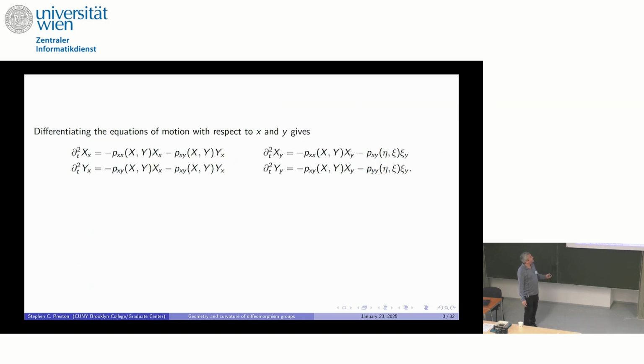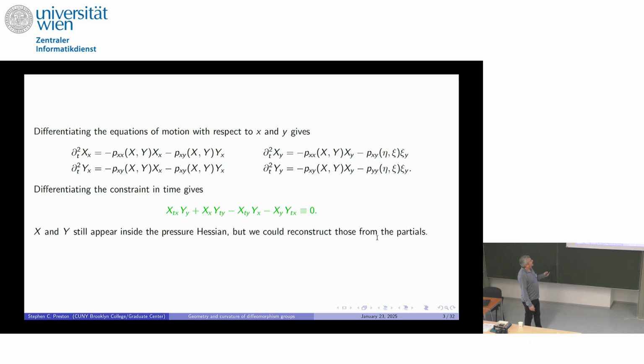So if we differentiate these equations with respect to x and y, we get a 2x2 system, just using the chain rule on these. And I would like to view this as a nice system for continuous functions, capital X_x, capital X_y, etc. If I differentiate the constraint in time, I get, obviously, by the product rule, something like this, which doesn't help me quite yet.